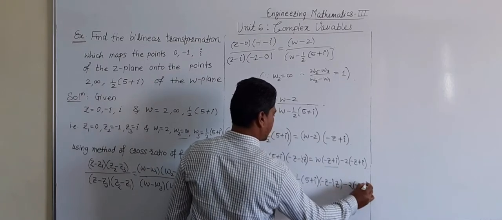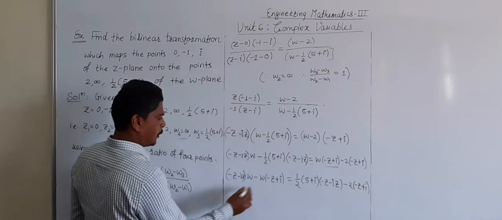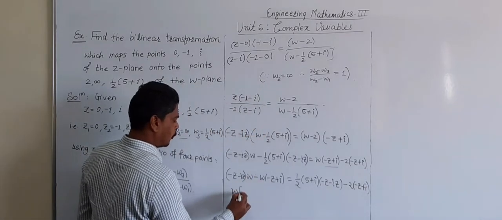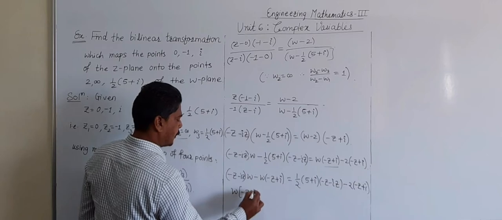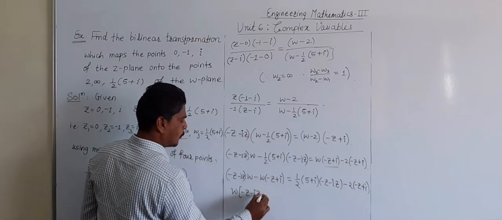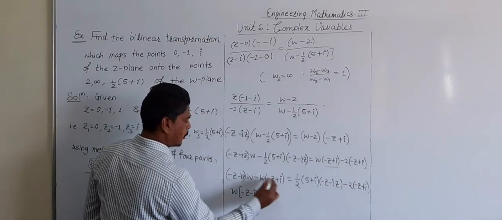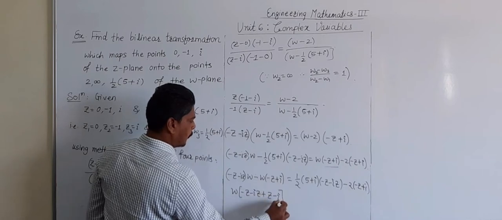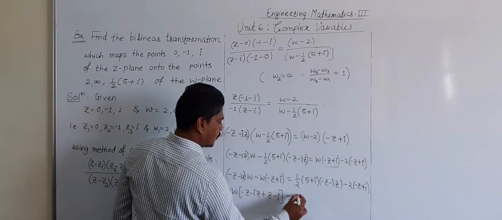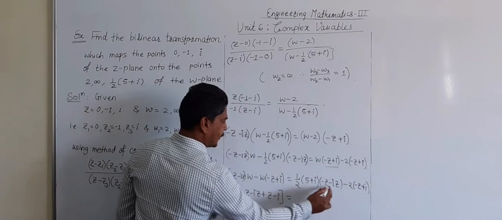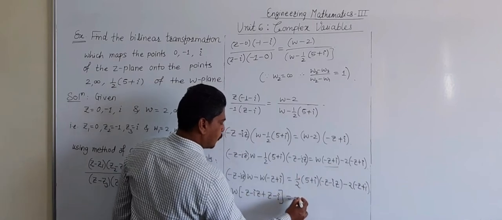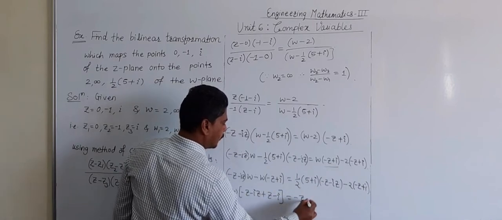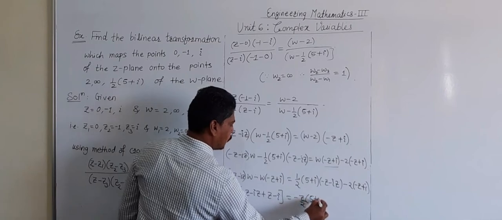Let's simplify this further. We take w common. So w into bracket (minus z minus iz) as it is. So this minus into minus plus z, minus into plus minus i, bracket complete, is equal to, keep this 1 upon 2 as it is and take minus z outside. So minus z divided by 2 into bracket (5 plus i).